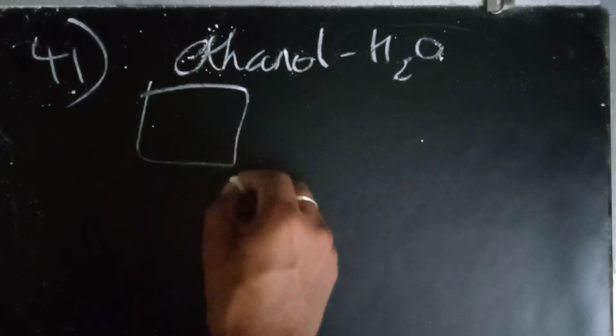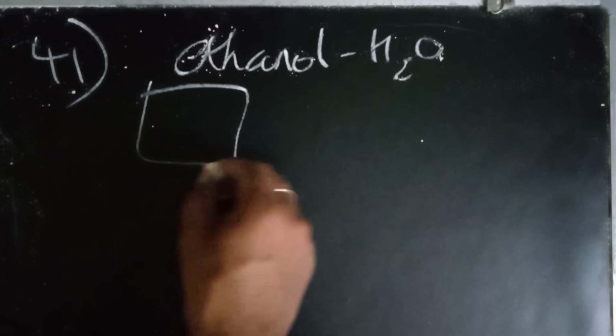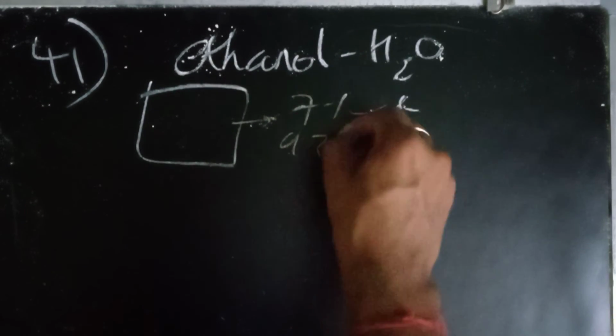Now 41 question is ethanol water or something, methanol water was given as a percentage. So I don't remember the question exactly, but it was like some ethanol water percentage was given, a mixture was made, and in the mixture we need to just balance. Like it was said 7% ethanol, 93% water.